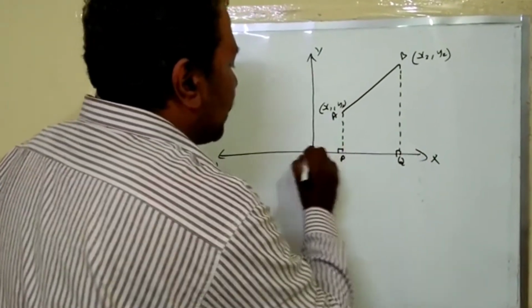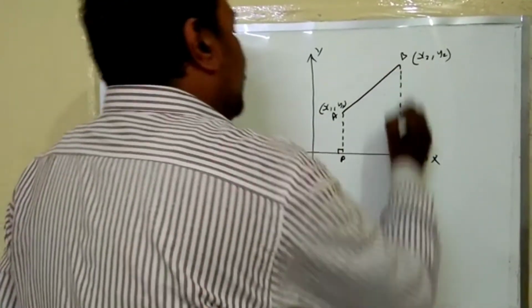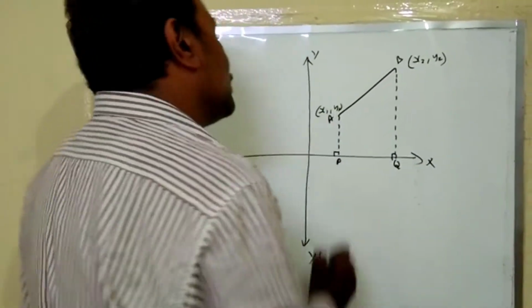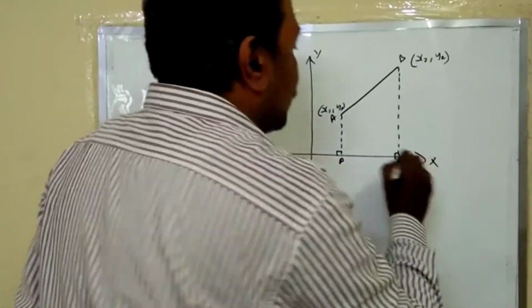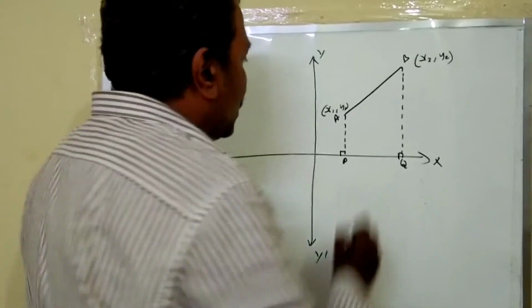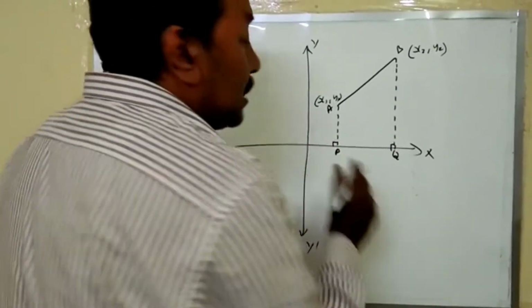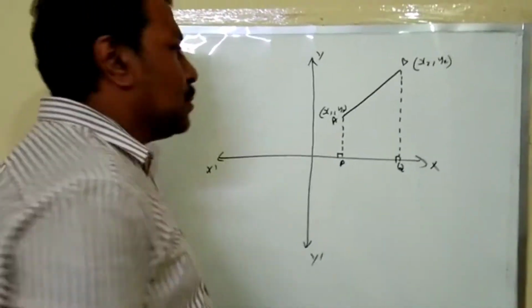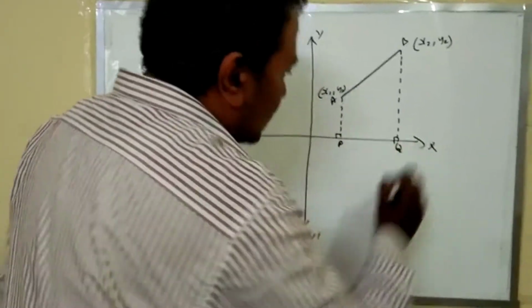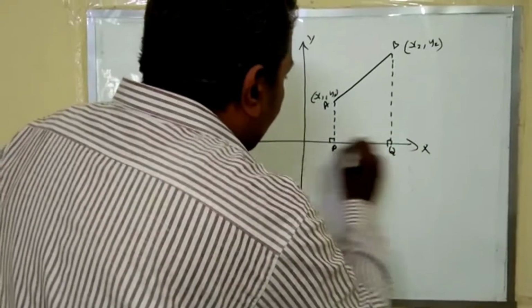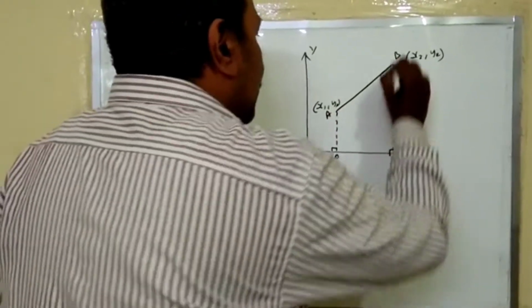So AP is perpendicular to the x-axis, BQ is perpendicular to the x-axis. Naturally AP and BQ are parallel to each other. How? If two lines are perpendicular to the same line, then those two lines are parallel to each other.